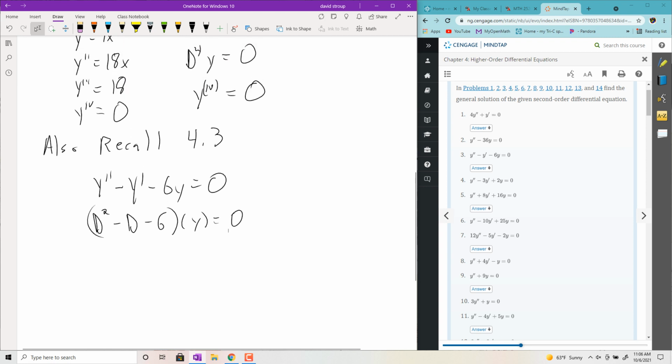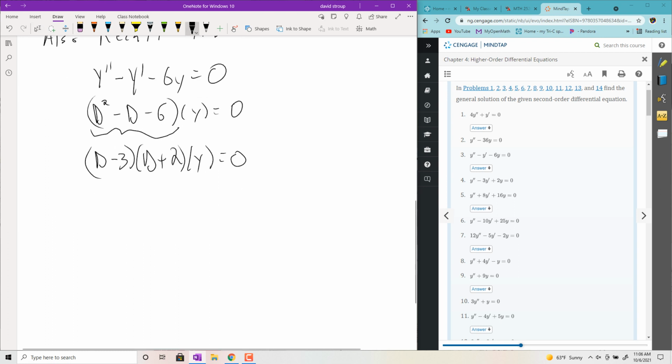I claim that if you figure out the solution, this operator is the annihilator of it, because if you plug that solution into this differential equation, you get 0. Let's factor this: (D minus 3)(D plus 2) of y equals 0.